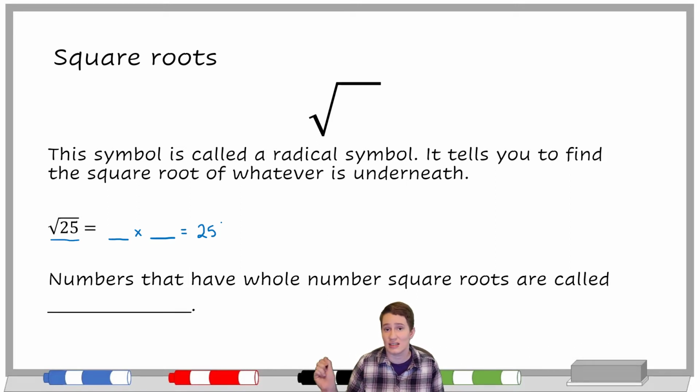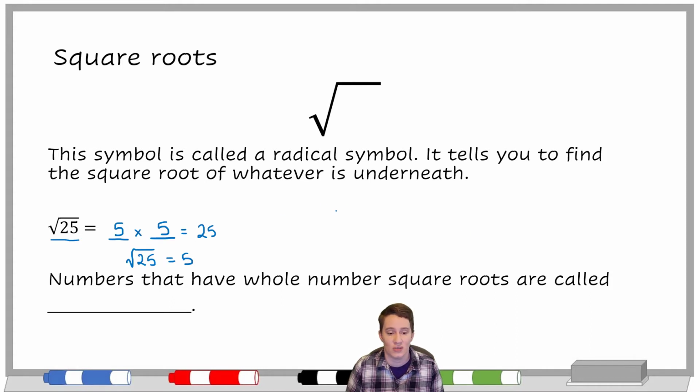So it's not just anything that multiplies together to get 25. It's a very specific case where it has to be the same number twice. So in this case, that would be 5 times 5, right? 5 times 5 is 25. Therefore, the square root of 25 equals 5.